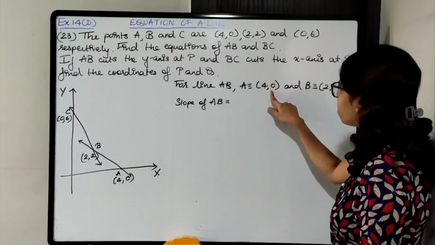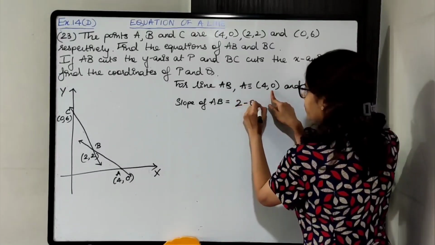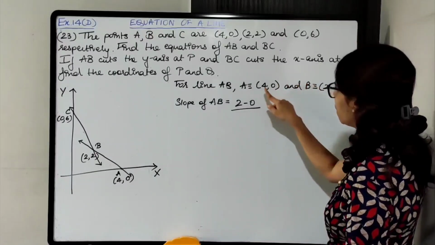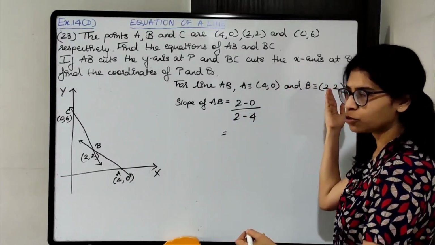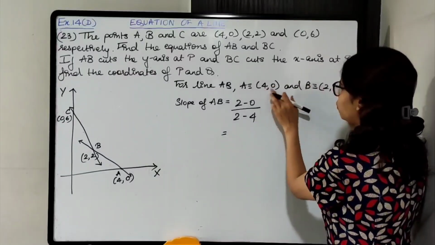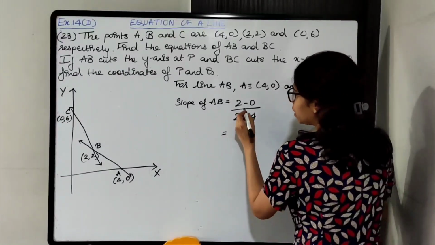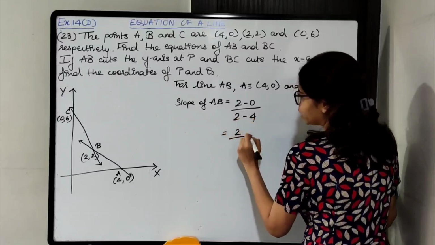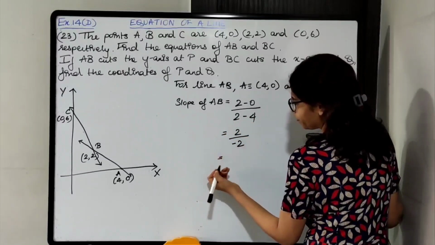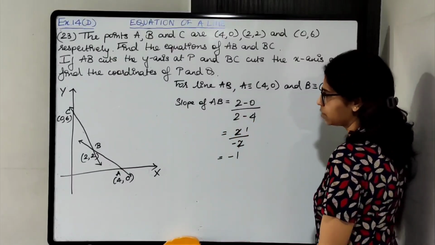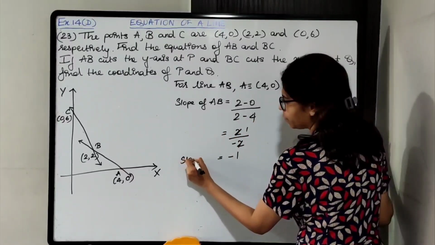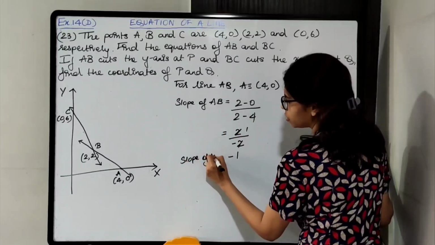So 2 minus 0 upon 2 minus 4. You can go the other way around also. Okay, 0 minus 2 upon 4 minus 2. 2 minus 0 is 2. 2 minus 4 gives minus 2. So this will give minus 1. Minus will come in the numerator. So the slope of AB we got is minus 1.